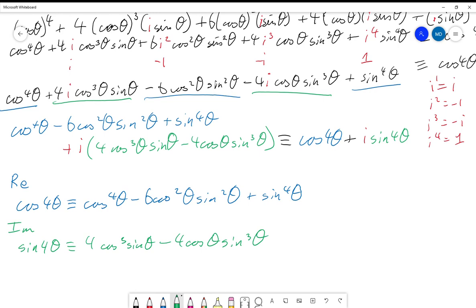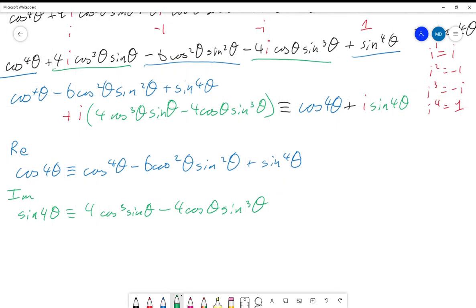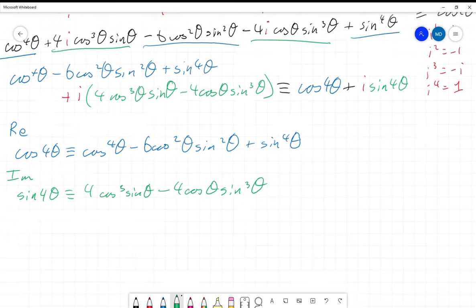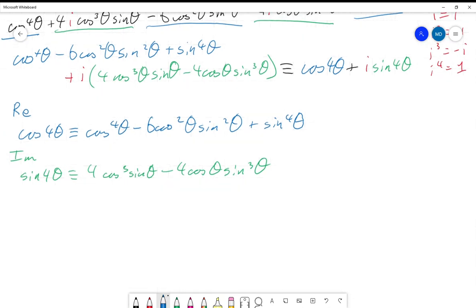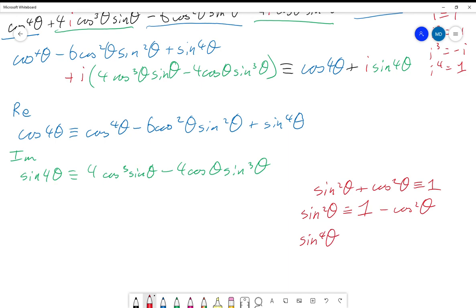Now, there's one little step we can go further, and it works with the cosine, but it won't with the sine in this case. With the cosine, we can use the fact that sine squared theta plus cosine squared theta is always 1 to tell us that sine squared theta is always 1 minus cosine squared theta. And therefore, if I square both sides, sine to the 4 theta is equal to 1 minus cosine squared theta, all squared.